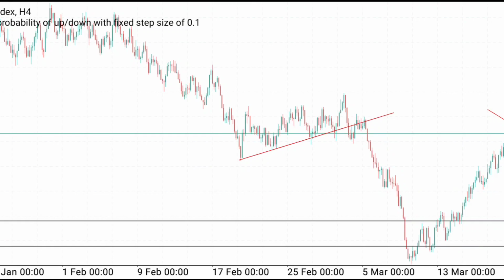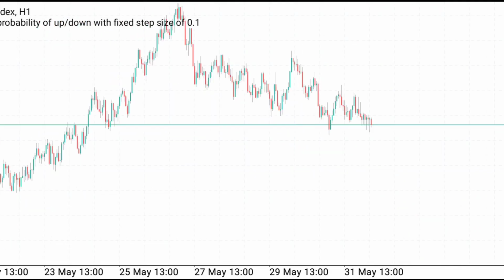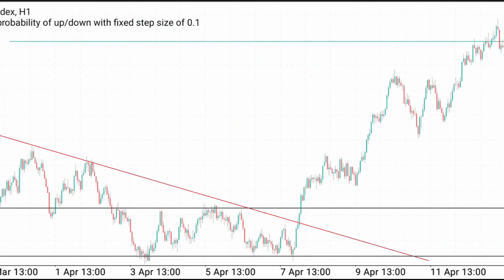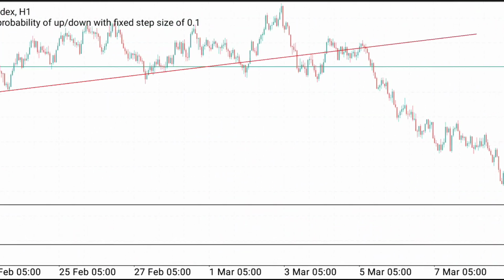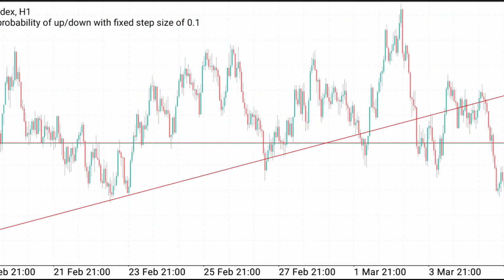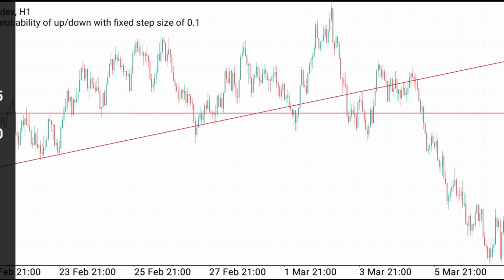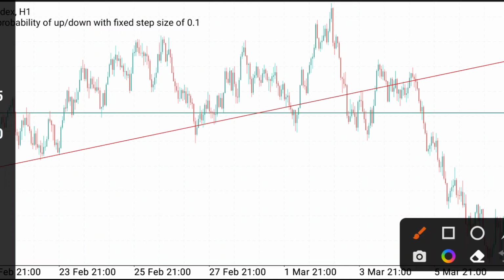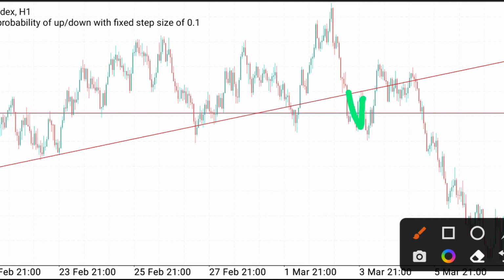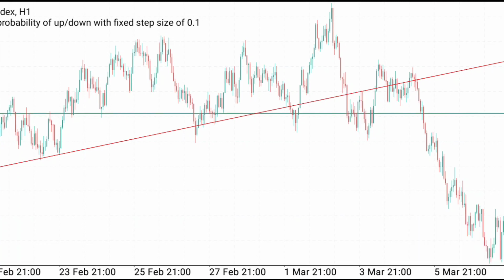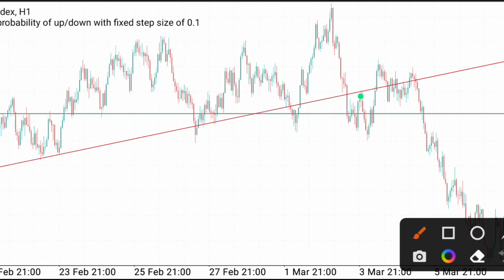Bringing it down to the 1 hour time frame, this is it. So it retested. How do we know that it is time to enter? After this first retesting, don't enter. Why I say don't enter is we didn't see any clear reversal here.